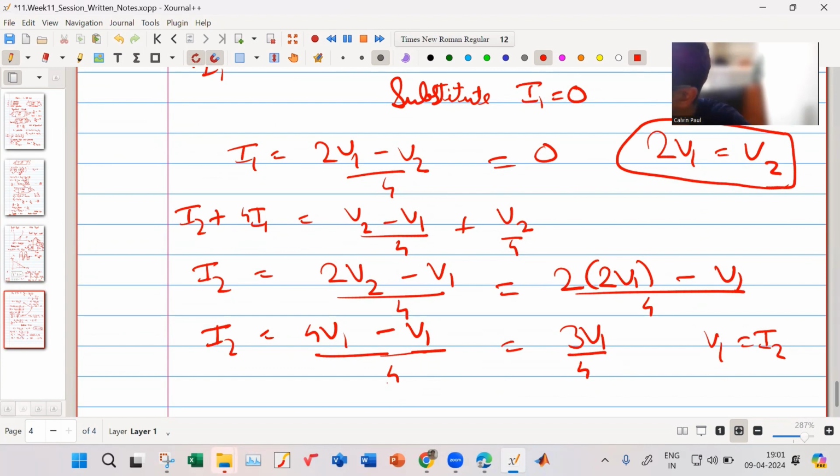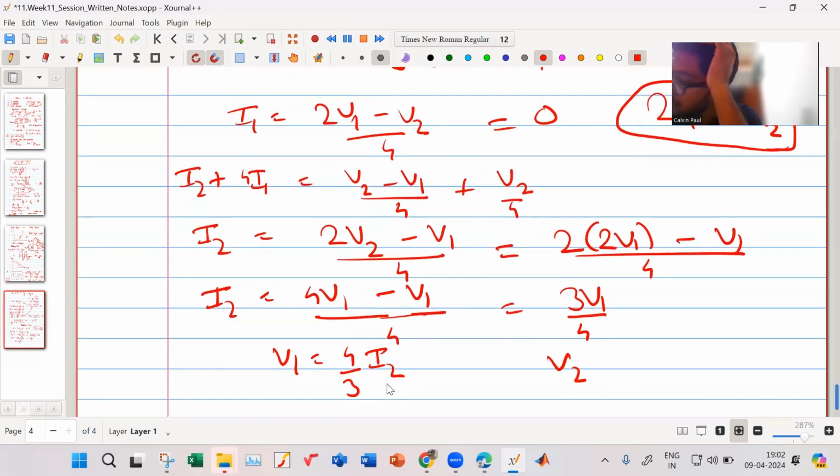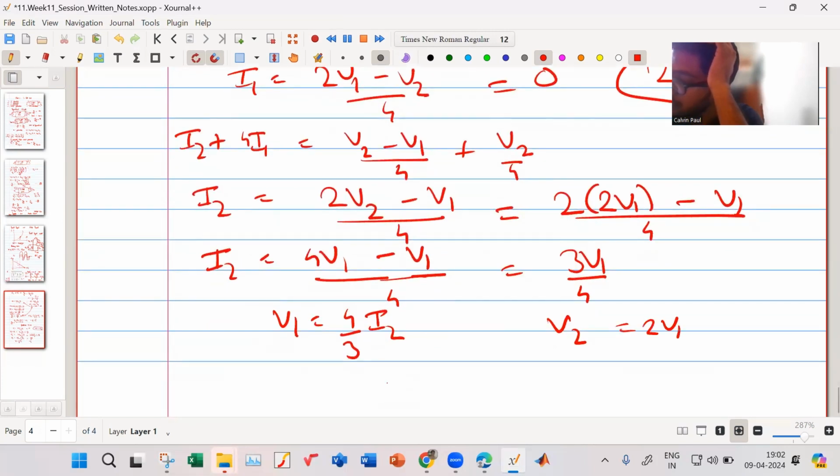So my V1 upon I2, V1 is equal to 4 by 3. V1 is equal to 4 by 3 into I2. Okay. What will be my V2? 2V1.